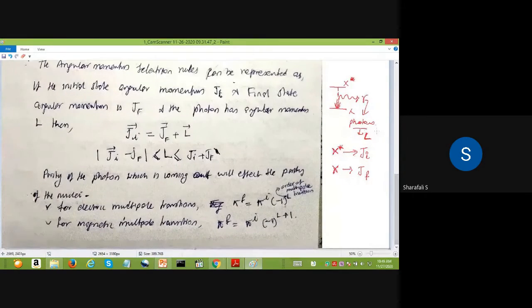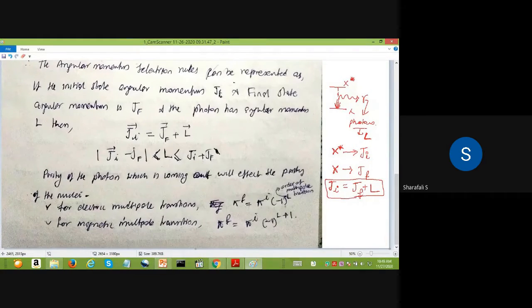Then, to conserve the angular momentum, the initial angular momentum should be equal to the final angular momentum, and the final angular momentum is nothing but the sum of the final state nucleus angular momentum and the photon angular momentum. Okay, so this is the condition for angular momentum conservation.